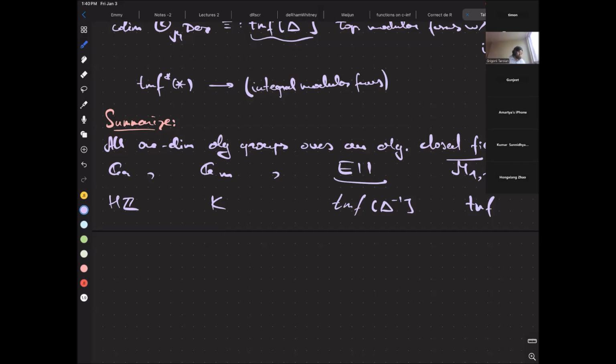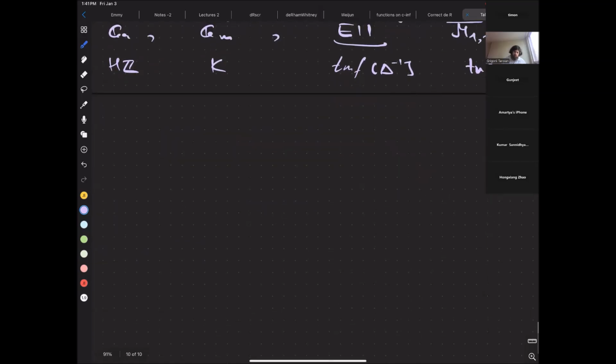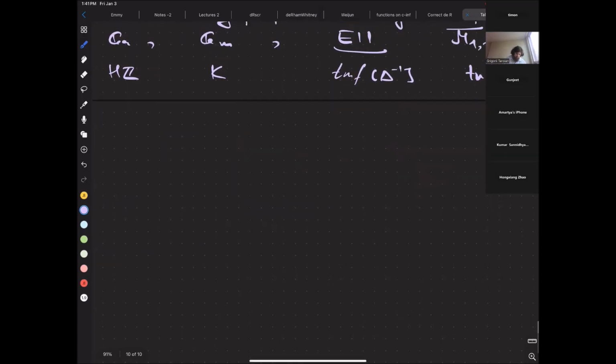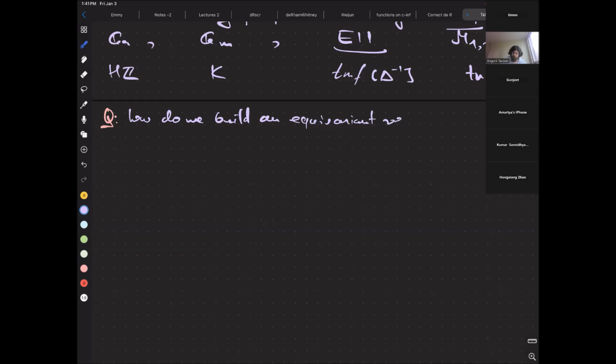Okay, so now, since this is a seminar on equivariant elliptic cohomology, the question that we want to consider is how do we build an equivariant version of everything?